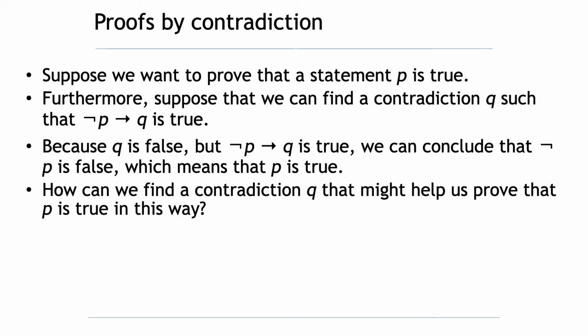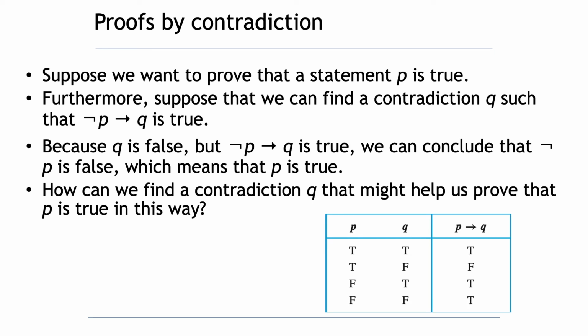How can we find a contradiction Q that might help us to prove that P is true in this way? It is actually quite easy, and it's one of the tricks that sometimes we have to use to make certain proofs.